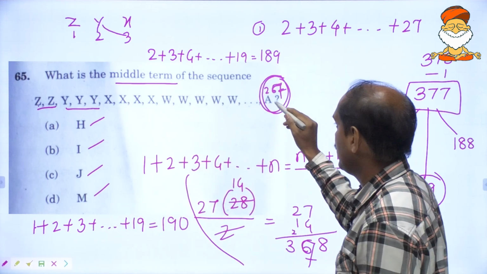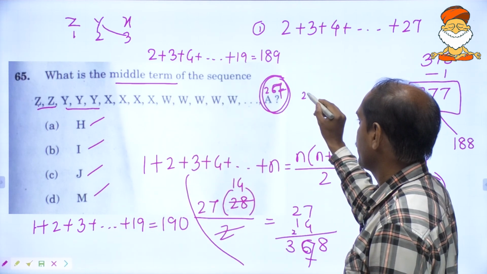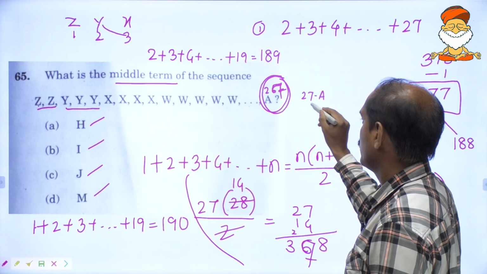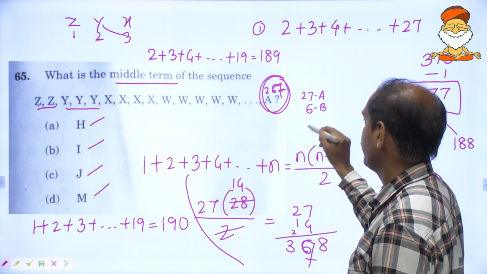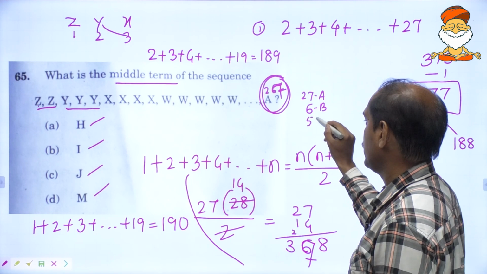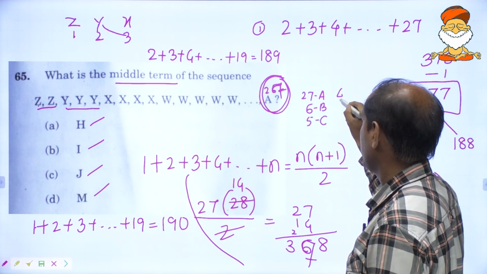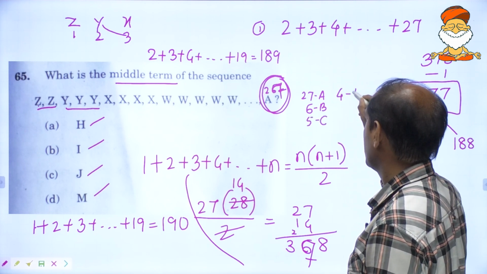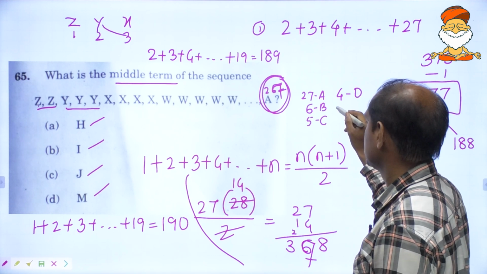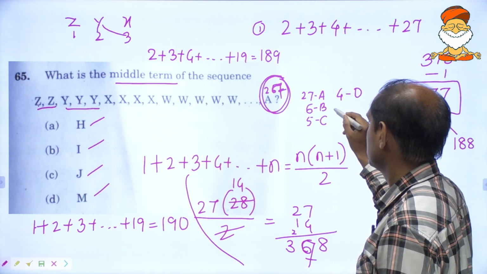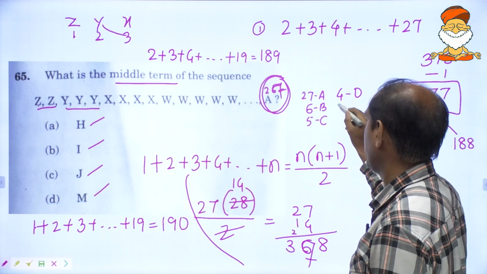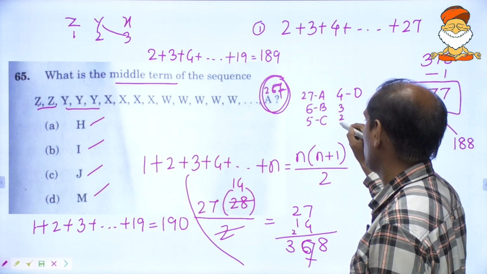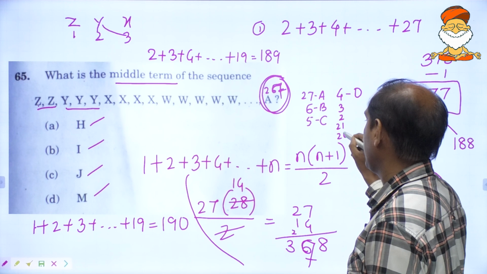Okay, 27th is A, 26th is B, 25th is C, 24th is D, 23, 22, 21, 20, 19.